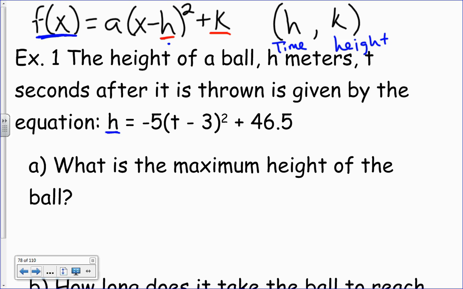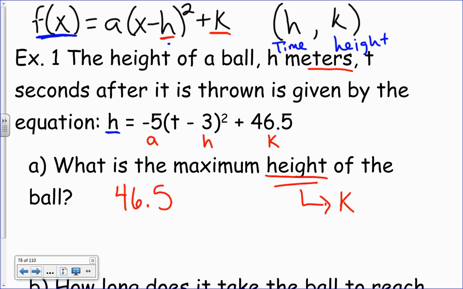All right, and the question is, what is the maximum height of the ball? So if we're looking for the maximum height, that's telling us find what k is. And if you look, -5 is a, 3 is h, positive 46.5 is k. So to answer this question, the maximum height of the ball is 46.5, and this says meters up here, so it'd be 46.5 meters.